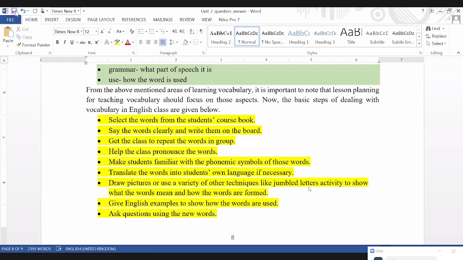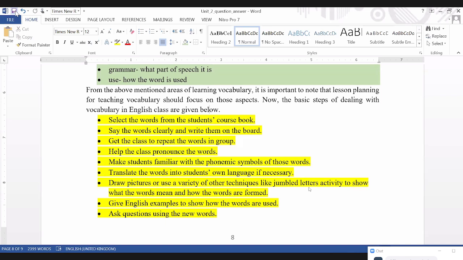We first select the word, whichever word is to be taught, we pronounce that word well first and write it on the board. Then the whole class repeats, we make the whole class repeat those words. A kind of drilling will be here, and students try to pronounce the words. Make students familiar with the phonemic symbols. For example, man, M-A-N, and three phonemic symbols are used, right? We make them familiar with such symbols, because these symbols or sounds are focused even in lower grades like 2, 3, 4, 5, and then 6, 7, 8 of course they need to be familiar.